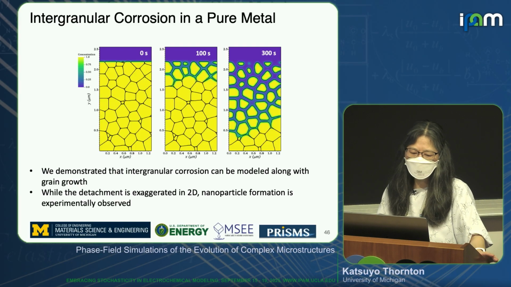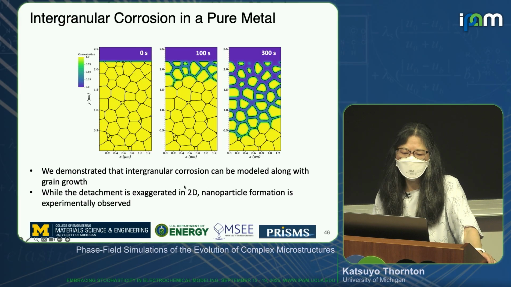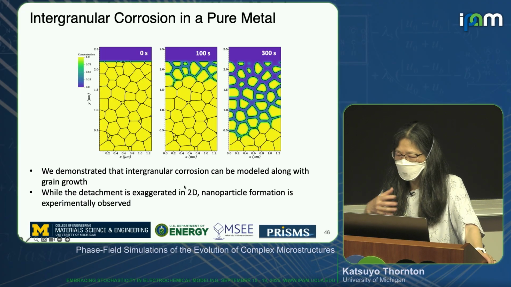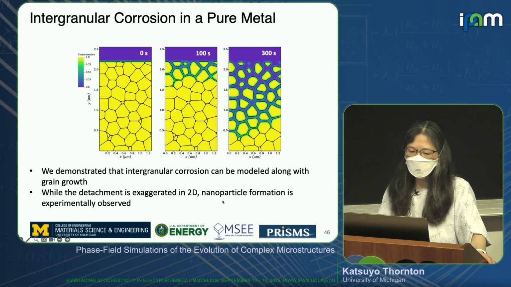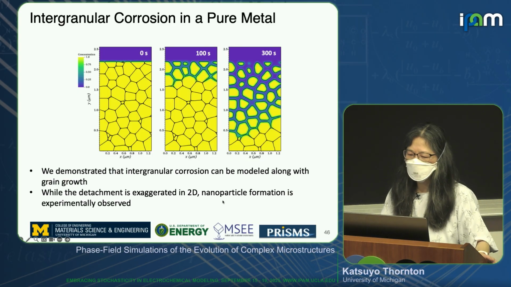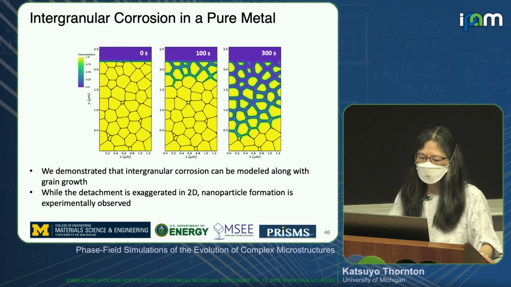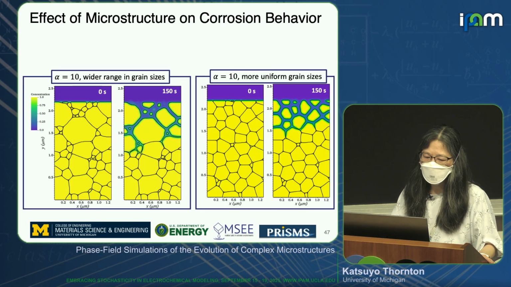So we demonstrated that the intergranular corrosion can be modeled with grain growth. So it's a kind of multi-physics model that we developed. And then the detachment is exaggerated in 2D, but it could also explain nanoparticle formation in the experiment.